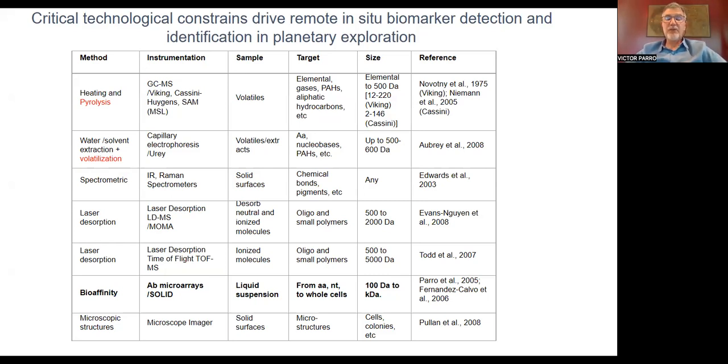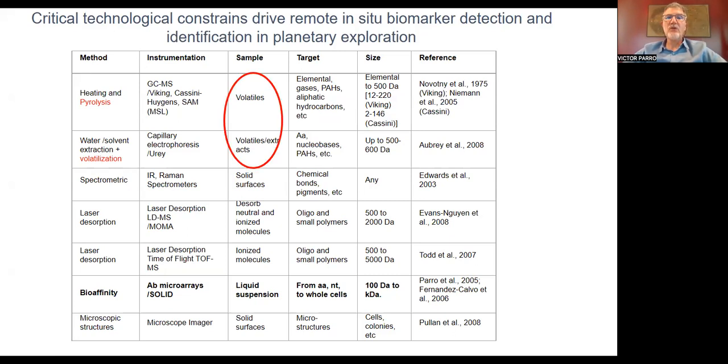There is an important point here: the critical constraints that most of the instrumentation for planetary exploration has. We have to handle instruments that are millions of kilometers apart, and we have to simplify the procedure and protocol.